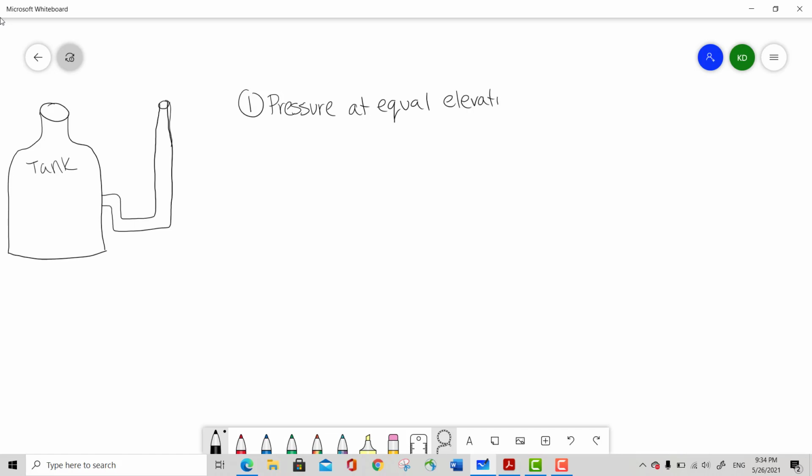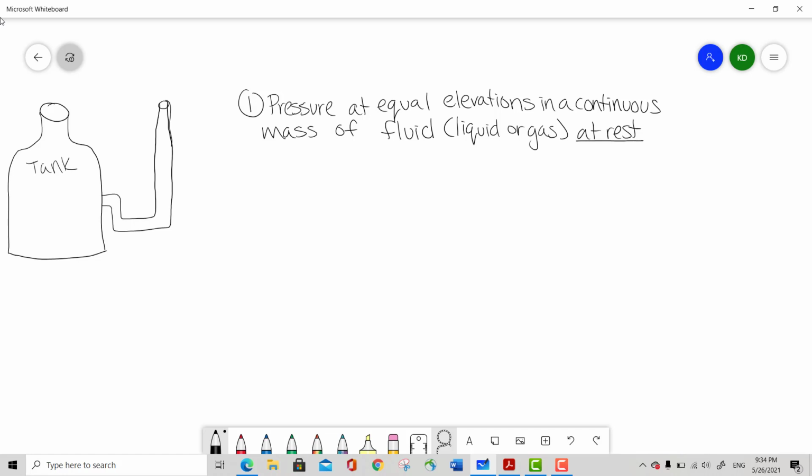We talked about this in the lecture. In a continuous mass of fluid, and that can be liquid or gas, at rest. This is really important. It's only when this fluid is at rest and the whole system is at rest that pressures are equal.